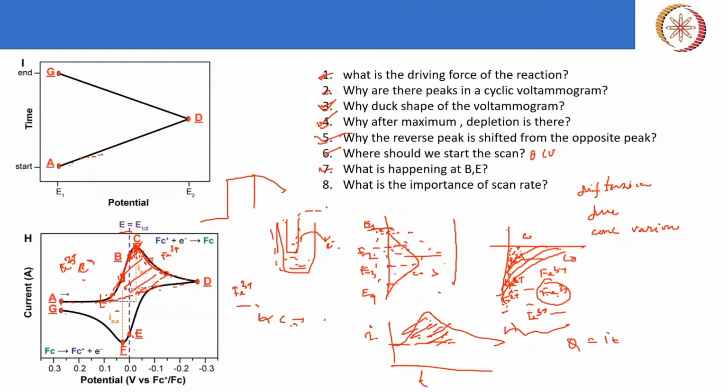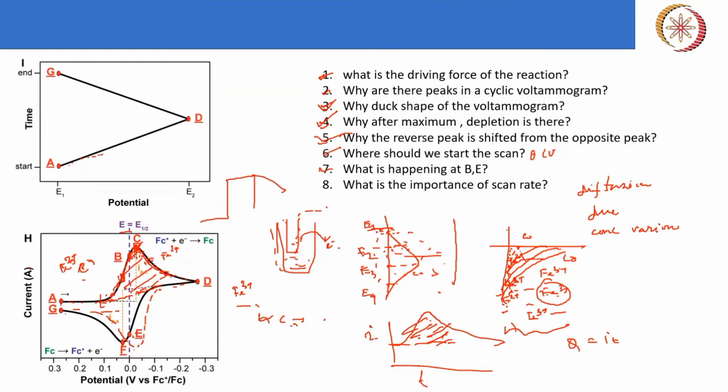Now the question is, why in the reverse process is the peak shifted? That means, why is this peak not coming at this position, but a little bit shifted?